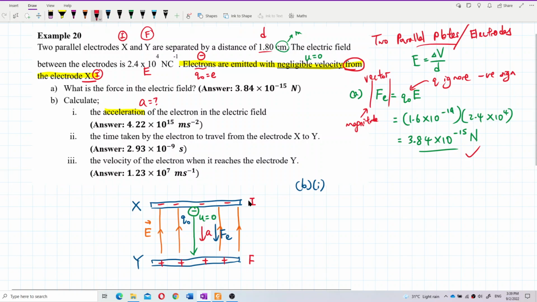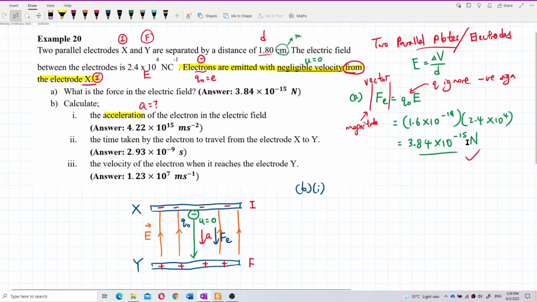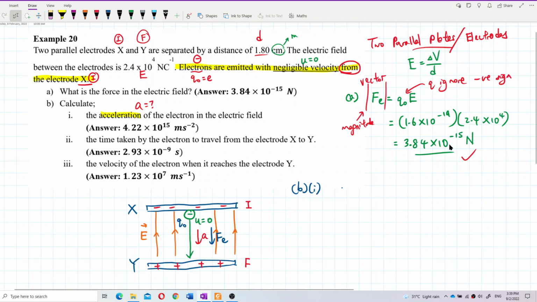So let's find out the force first. But you want the acceleration, right? I have the force ready. The only force acting on the electron is the electrostatic force.